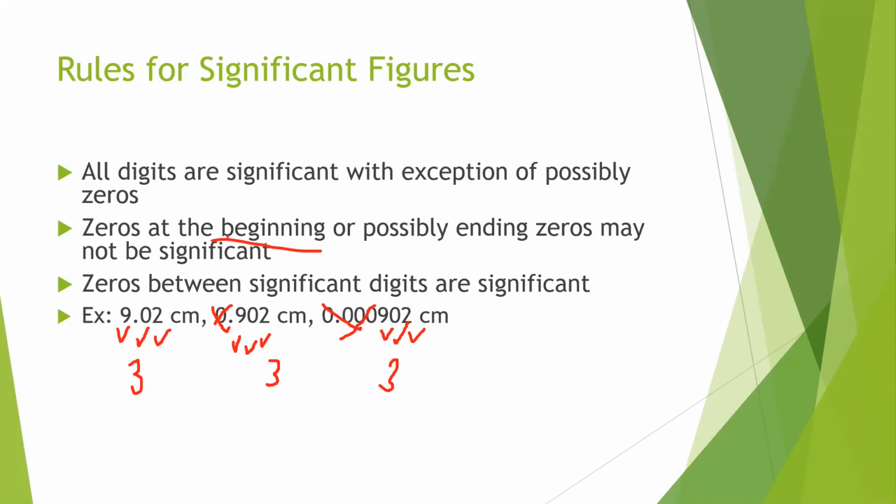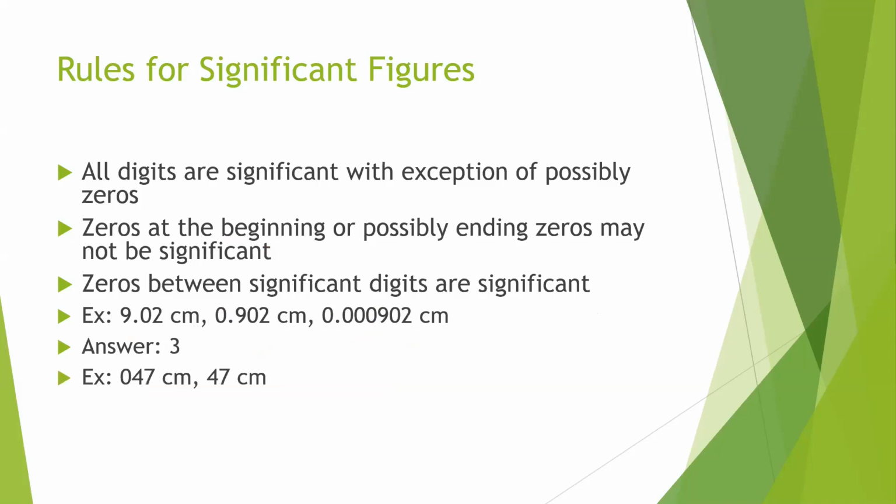It's just a way where in the future we can do more calculations. Do you understand now? Sophie, does that make sense? Okay. So there are 3 for all of them.